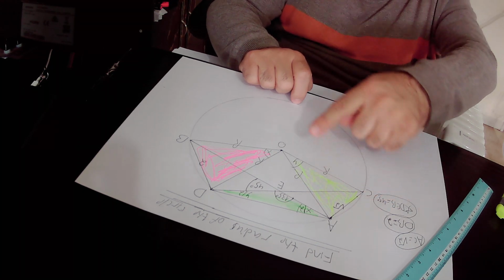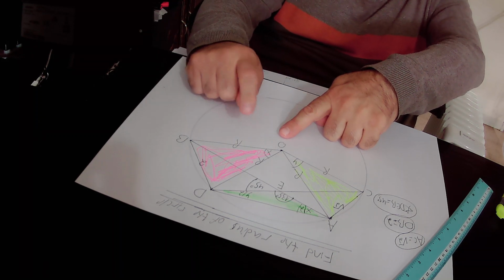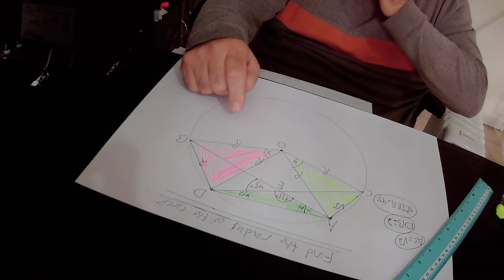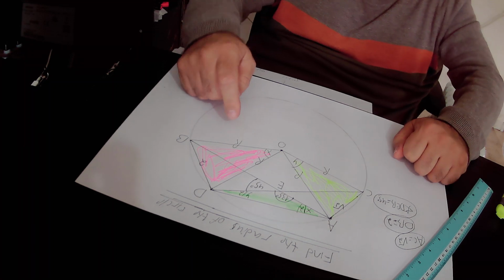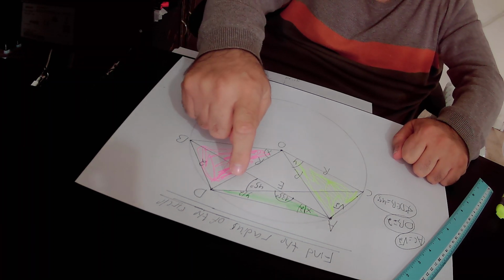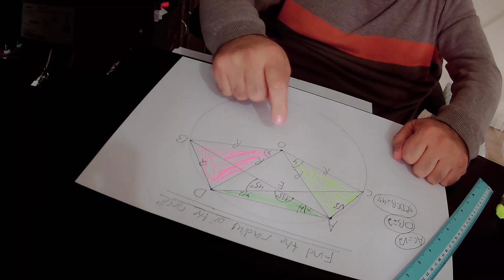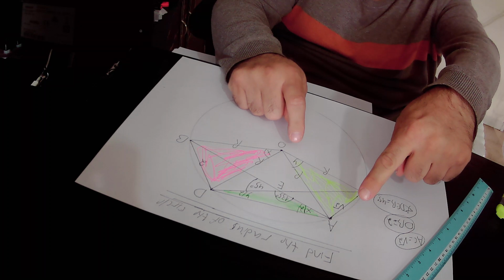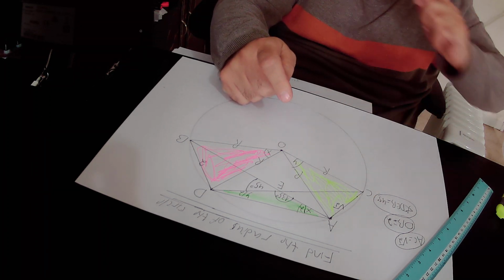Therefore, the central angle DOB that rests on the same chord must be equal to x. Here, I didn't mention that the peripheral angle ADC rests on AC, and the central angle AOC rests on the same chord AC, therefore it must be equal to y.